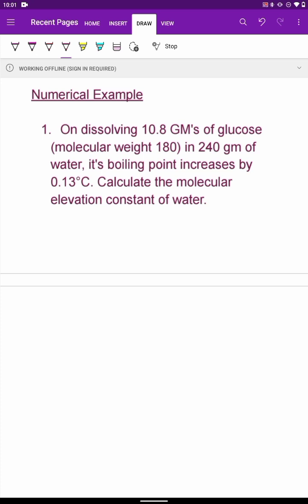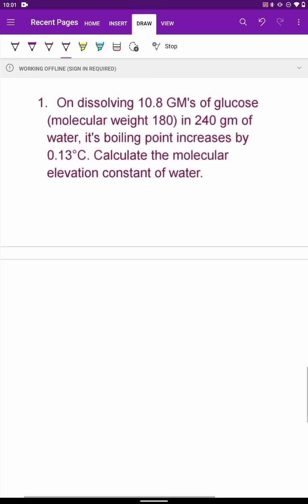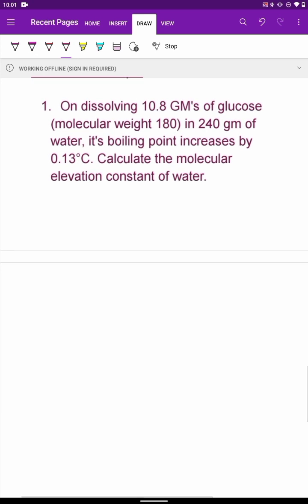On dissolving 10.8 grams of glucose, whose molecular weight is 180, in 240 grams of water, its boiling point is increasing by 0.13 degrees C. We have to calculate the molecular elevation constant of water.